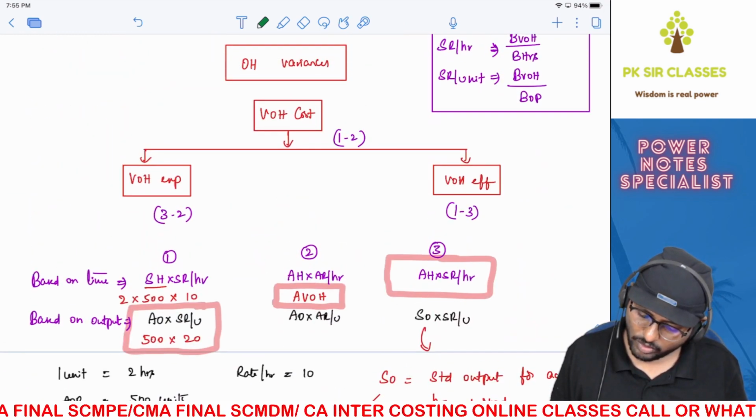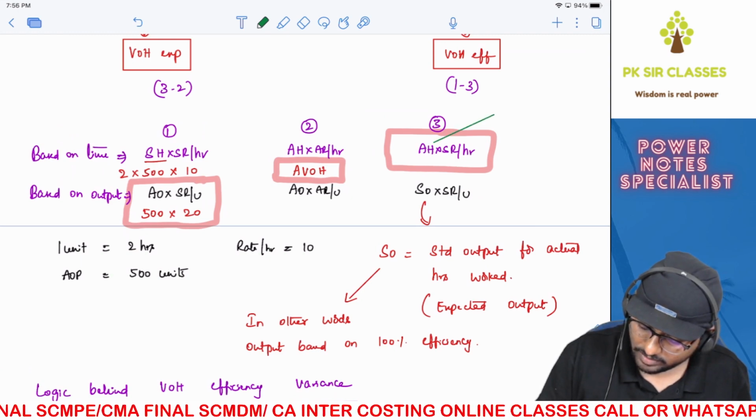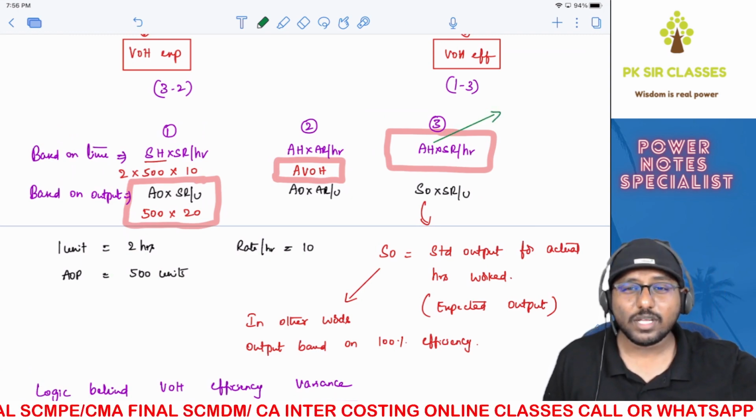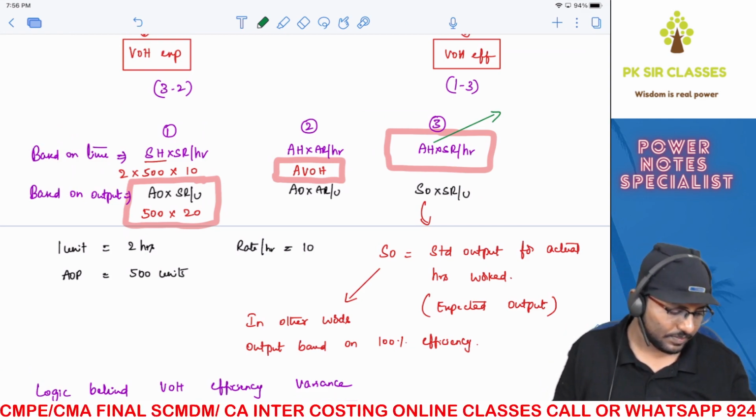Here there is one more important point that you need to understand. Here you have this one, right? Actual hours. Can you please tell me whether it is actual hours worked or actual hours paid? Think and then answer.